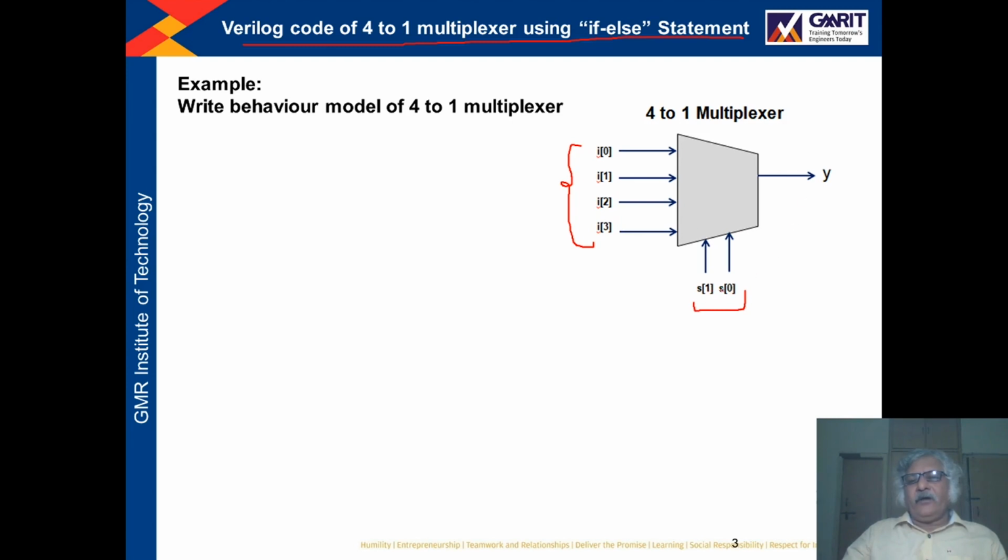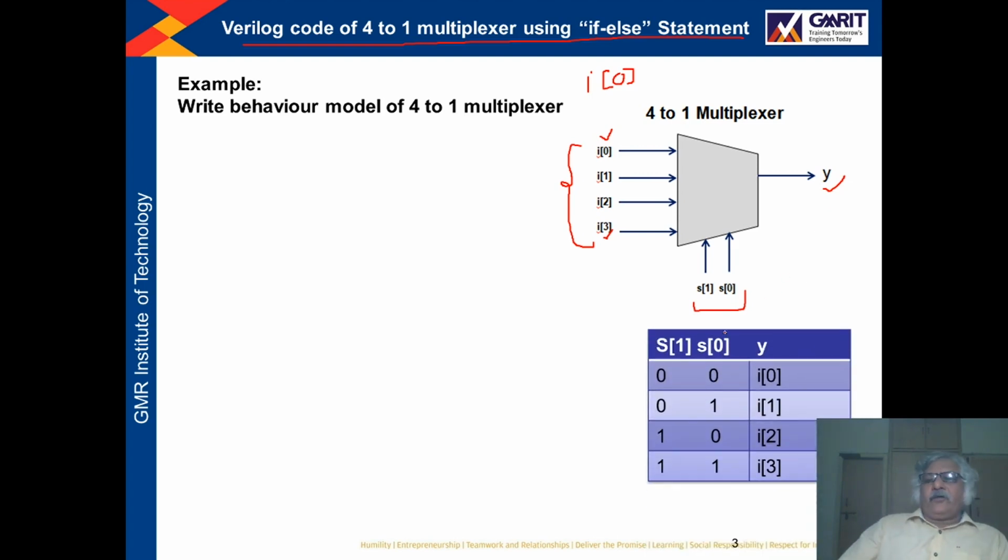Here see this 1 and 0, these we are writing inside square brackets, and here also I0 to I3, these 0 and 3 we are writing inside square brackets, right? So this means in our Verilog module we will declare these as vectors, okay? And there is one output, Y.